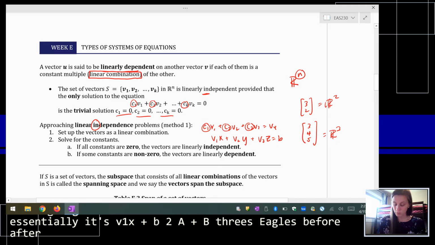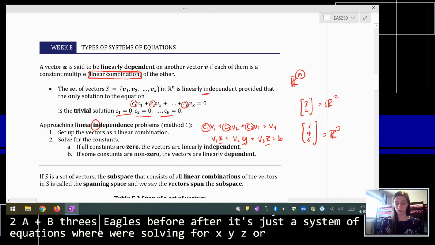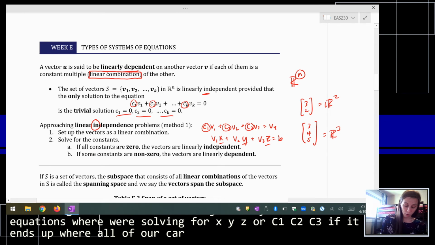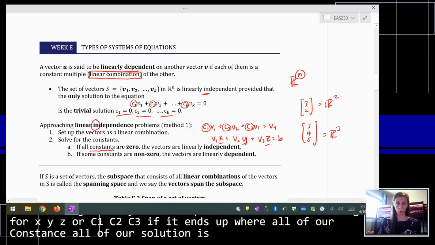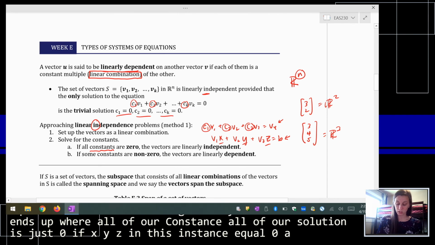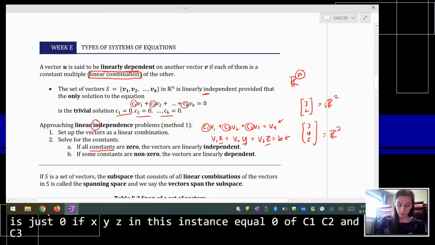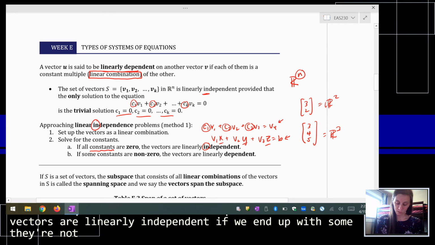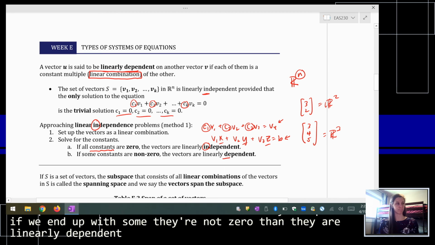It's just a system of equations where we're solving for x, y, z, or C1, C2, C3. If it ends up where all of our solution is just 0, if x, y, z in this instance equals 0, if C1, C2, and C3 equal 0, then our vectors are linearly independent. If we end up with some that are not 0, then they are linearly dependent.